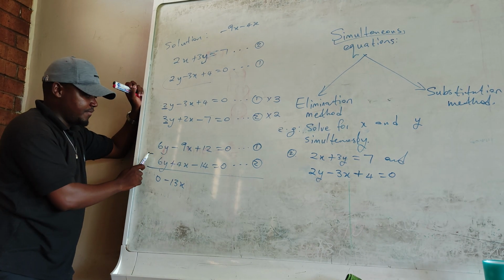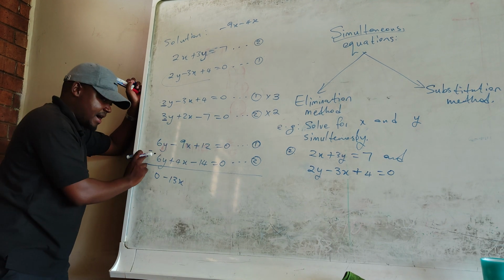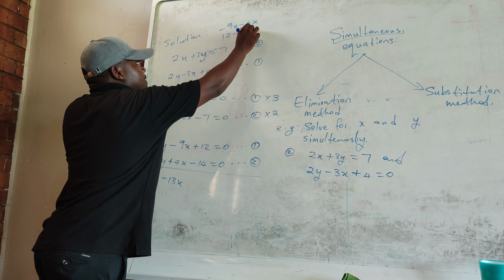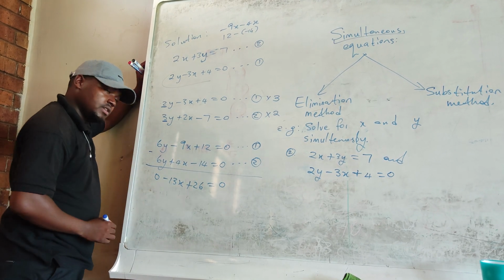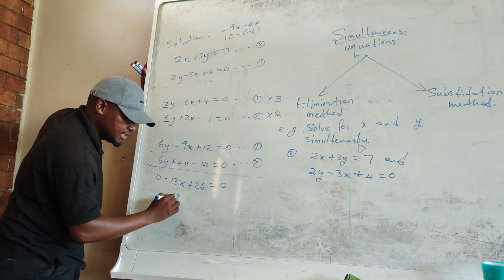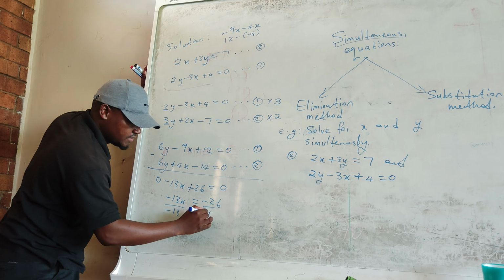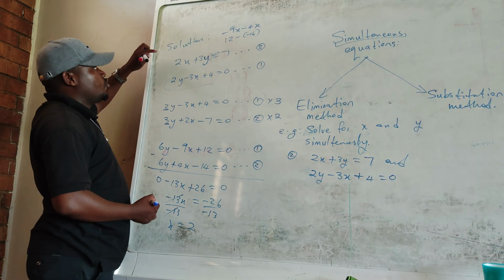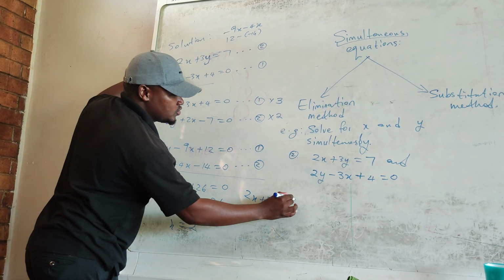And then 12 minus negative 14 is positive 26, equals to 0. Therefore, negative 13x equals to negative 26. Divide both sides by negative 13. x becomes 2.